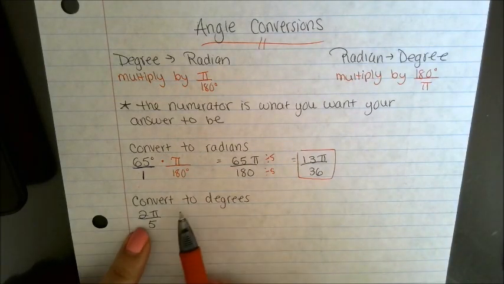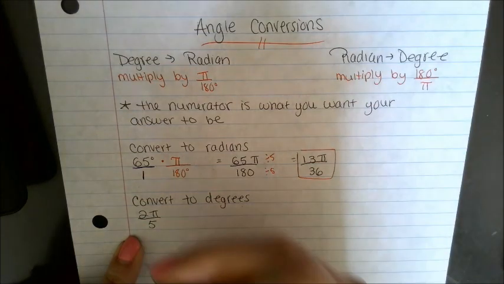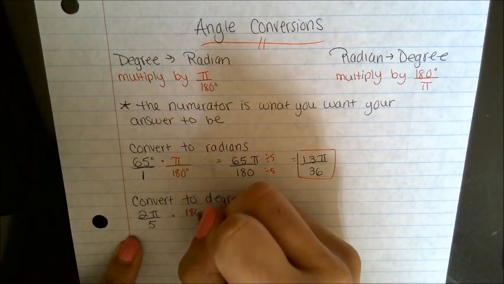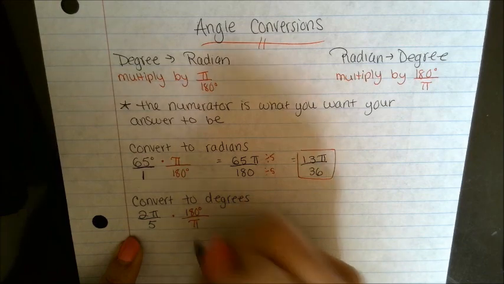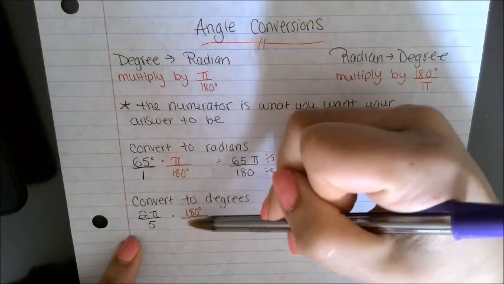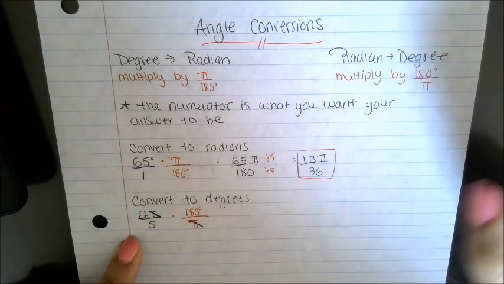Okay, and the last one, convert to degrees. This is in radians because I have pi, that gives it away, so I'm going to degrees. I wanted to go to degrees, so I'm multiplying 180 degrees in the numerator, because I want that, over pi. Right away, when this happens, you could cross simplify. The pi's divide out.